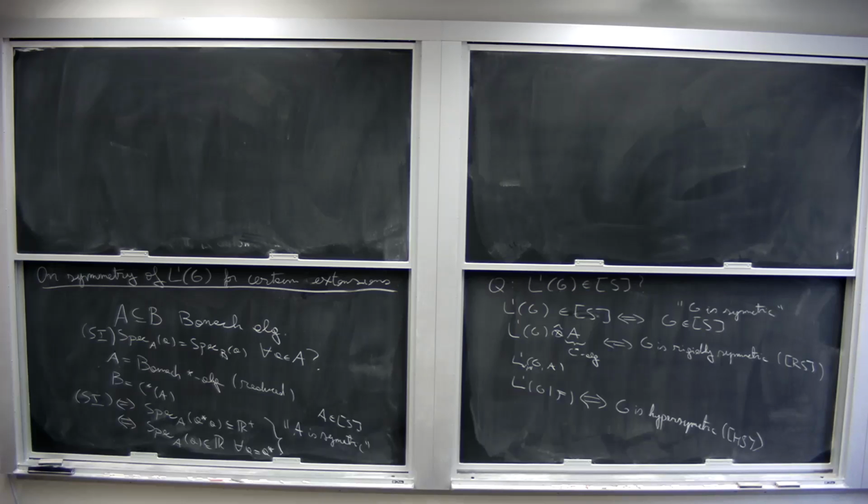We can change the condition of compact generation for connectedness, and we still stay in the same class. What else? We have compact extensions of nilpotent groups. And we also have groups where every conjugacy class is relatively compact.